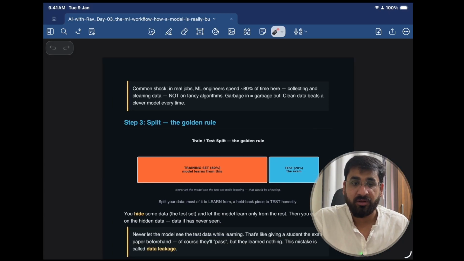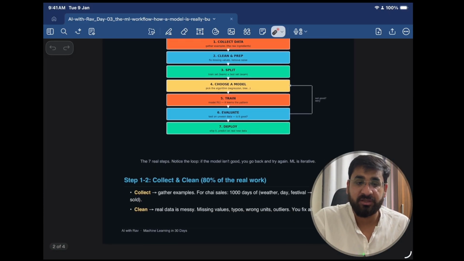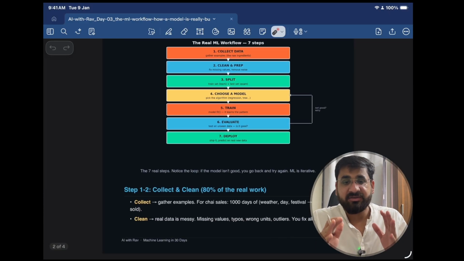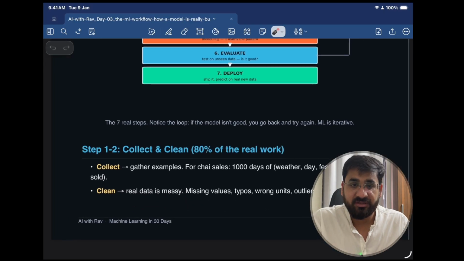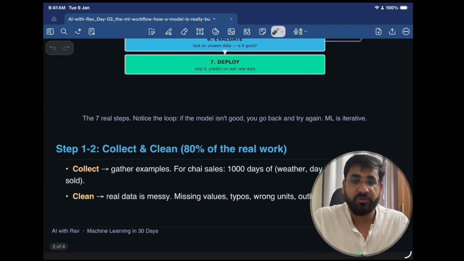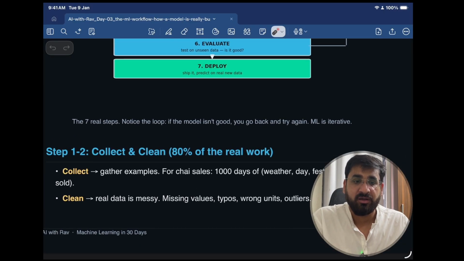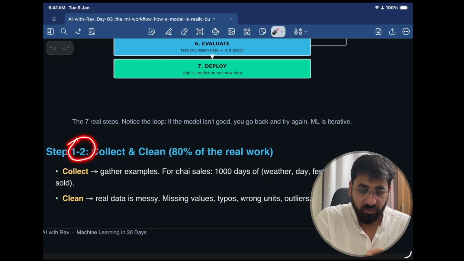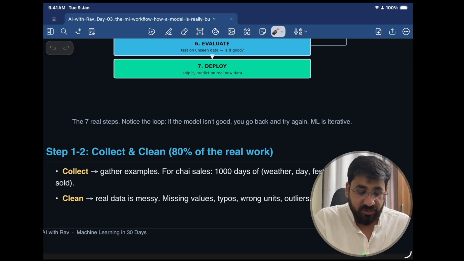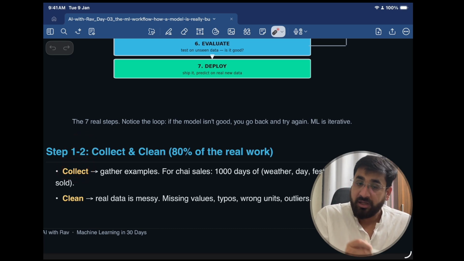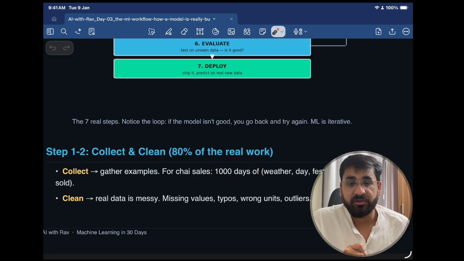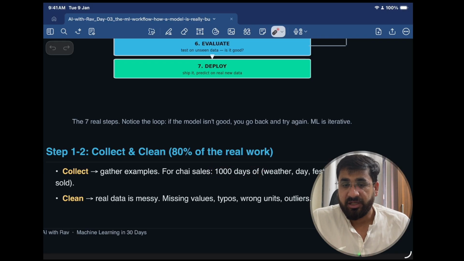Now we have this concept. Now let's discuss each and every thing step by step. So you can see right now here the first two. First is what? Collect. So take the example of gathering 100 or 1000 days of tea selling that we took in the first video.